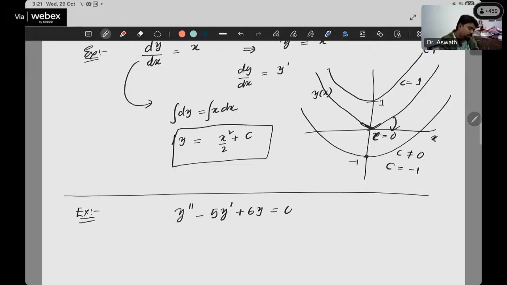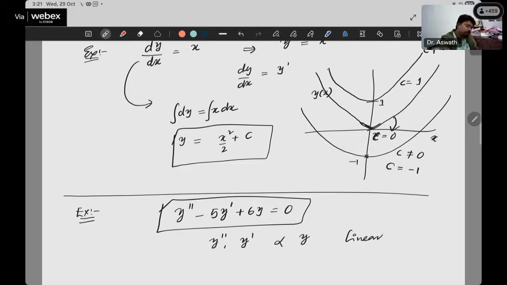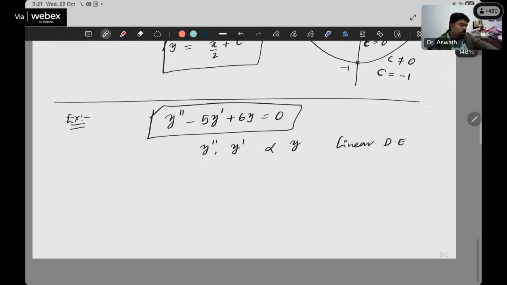Let's choose the dependent variable inside the differential equation. If I have a differential equation like that, you can see that y double dash and y dash are proportional to y. So it is a linear differential equation. So what do you know?